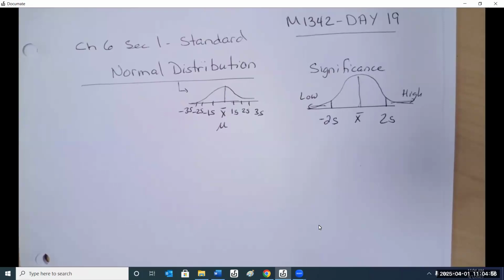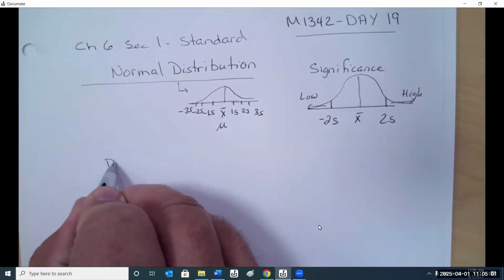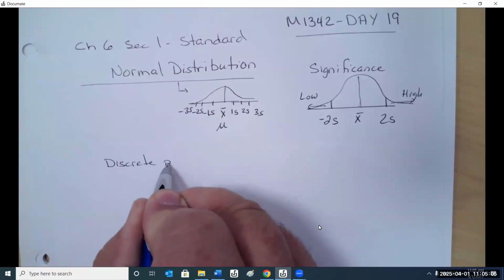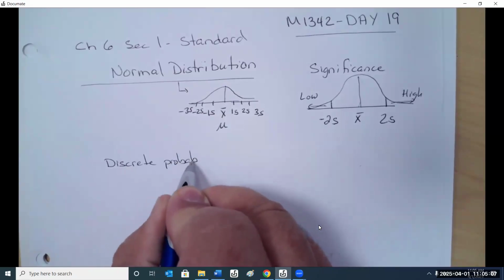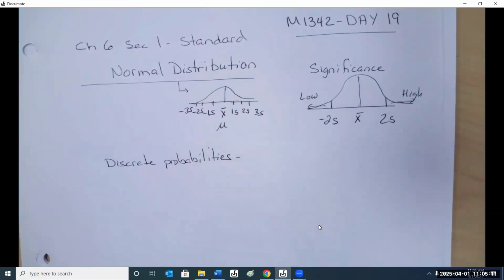All right. Last time we discussed discrete probabilities. What do we mean by discrete probabilities? This is in chapter 5.